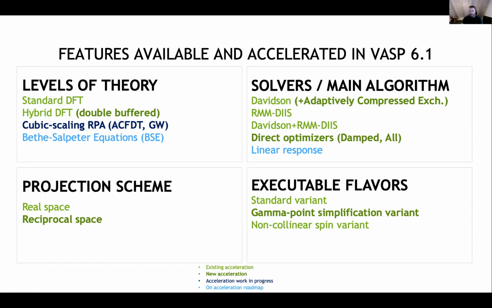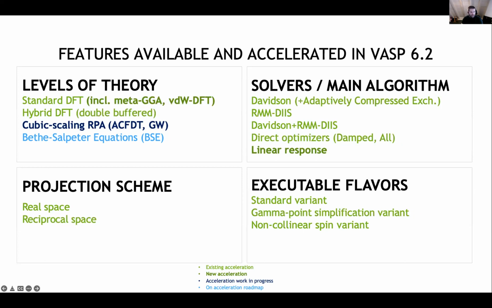That kind of gives you a feeling for how much faster you can progress with OpenACC to tackle all the features. So basically, right now there are none of these limitations anymore. Because if you want to do hybrid DFT, you run it through the direct optimizers. That's accelerated. If you want to use gamma point, not an issue anymore. If you need reciprocal space representation for phonon calculations or such, you can do it, right?